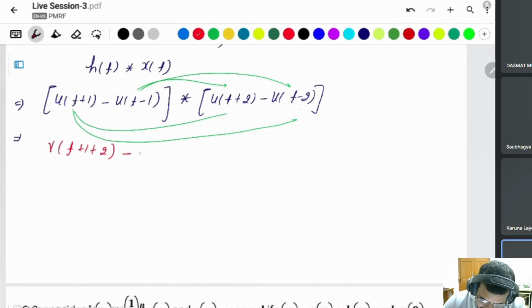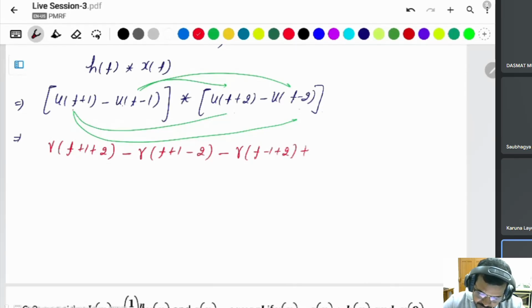Multiplying unity steps gives a ramp signal, rt plus 1 minus 2, so rt minus 1. After this, also minus: step signal multiplied with step signal is ramp signal, t minus 1 plus 2, then minus minus will be positive, ramp signal t minus 1 minus 2.